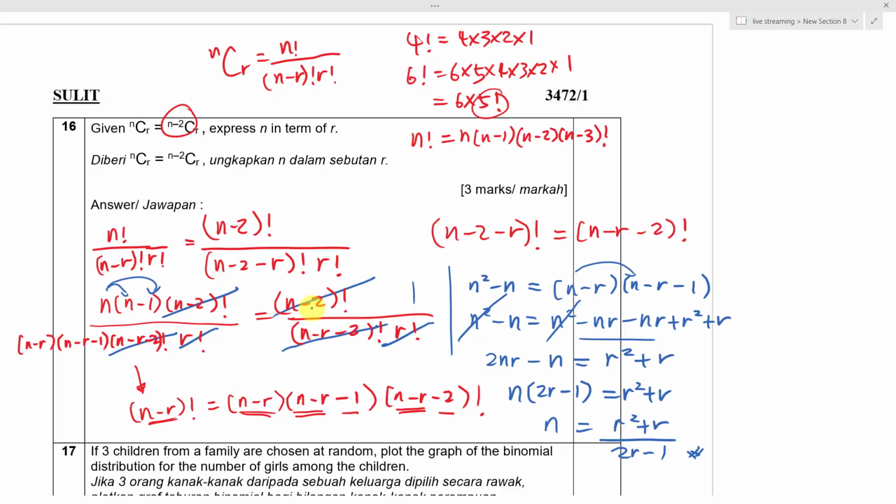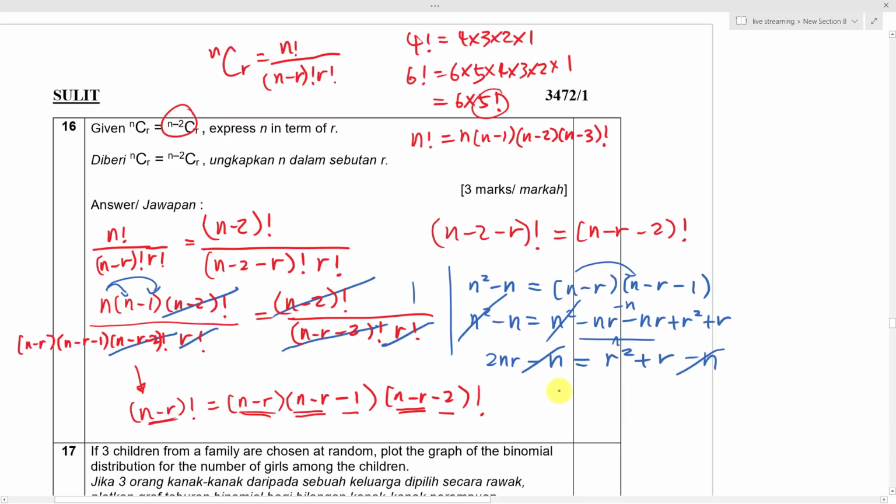Okay, first line of the blue line here. Okay, thanks for the good indicates here. So n times n squared, n times negative nr. Oh yeah, I still have one more negative n here, isn't it? Oh yeah, thanks for that. Now I got it, the negative n. Okay, so negative n plus n cancel out.